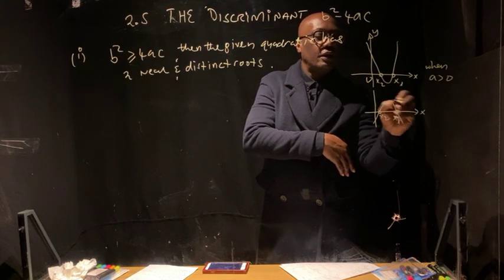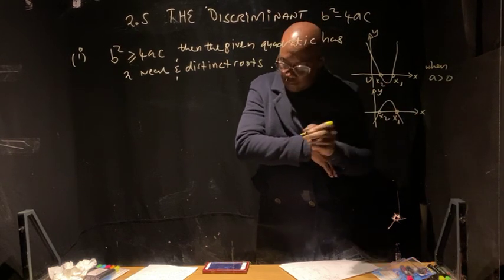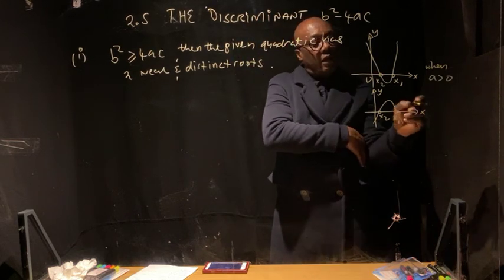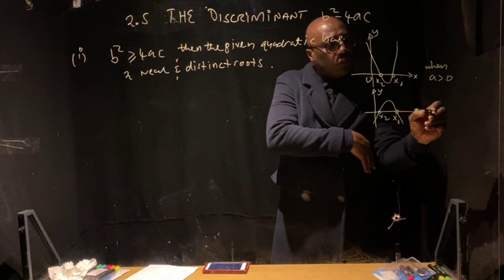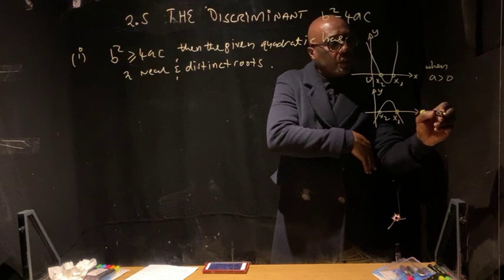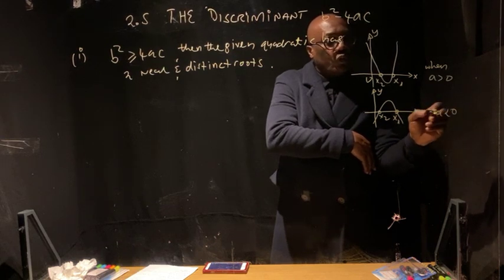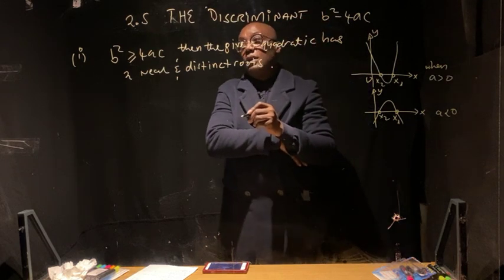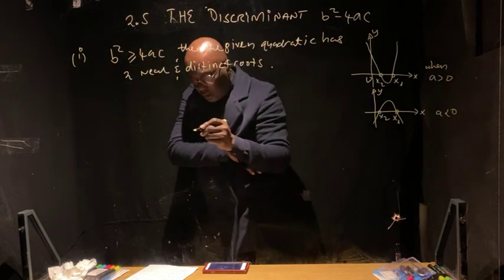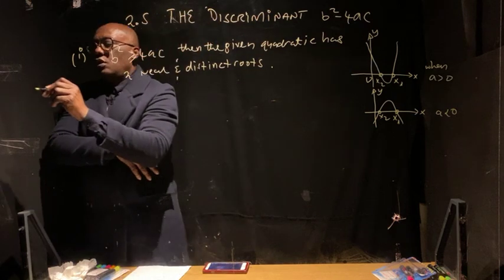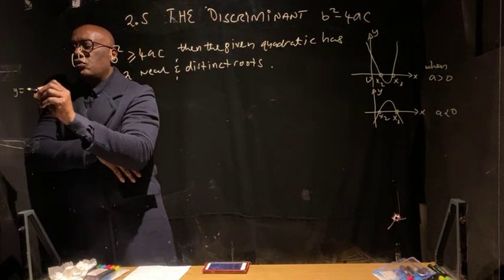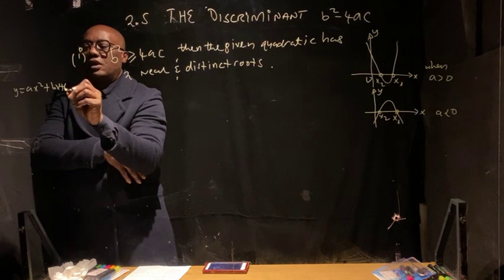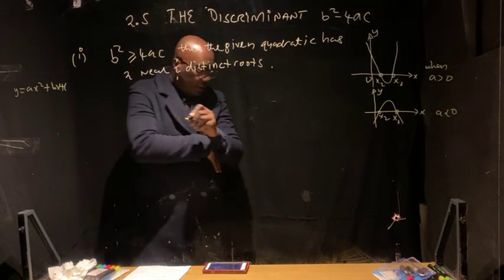This is the x axis and this is the y axis. Good. And in that case, a is less than 0. Remember that we are talking about a quadratic equation of the form y equals ax squared plus bx plus c. Good.